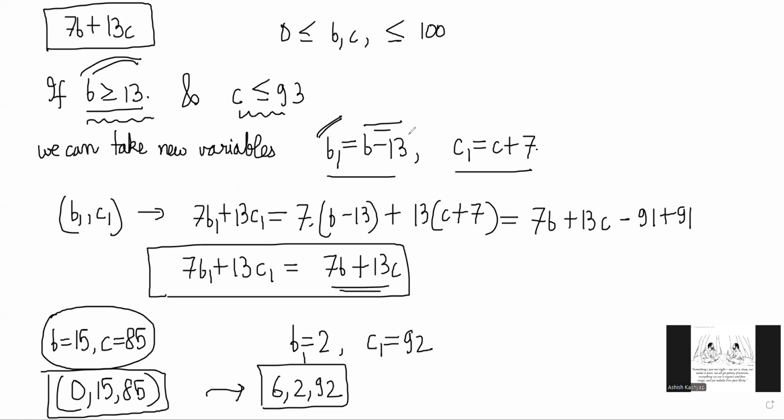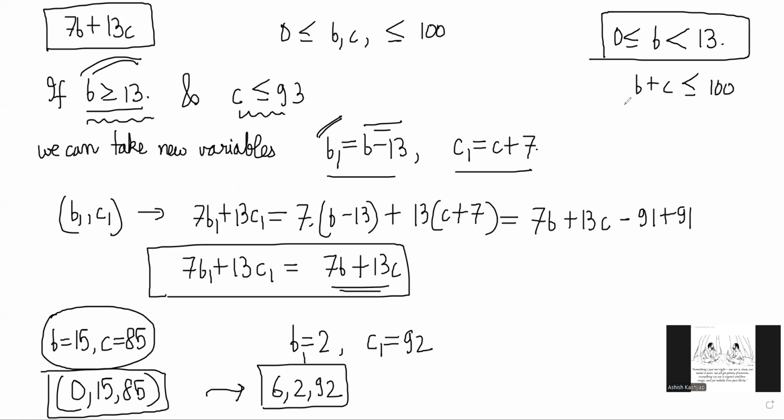And adjust it. So that gives us a hint that we don't need to cover cases where b is greater than 13. We will only discuss cases where b is less than 13. If you have these cases and b + c is less than or equal to 100, these cases will cover every possibility, because anytime b becomes bigger than 13, you can always convert it to a lower case.